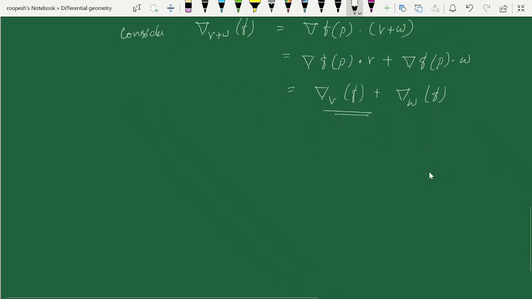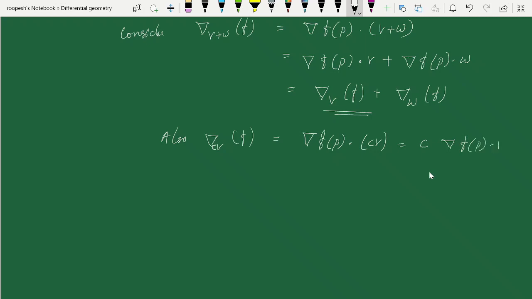Next we want to prove also del (cv) of f. Del (cv) of f, using the same definition, is del f of p dot cv. Now c is a scalar, so we can have c times del f of p dot v.